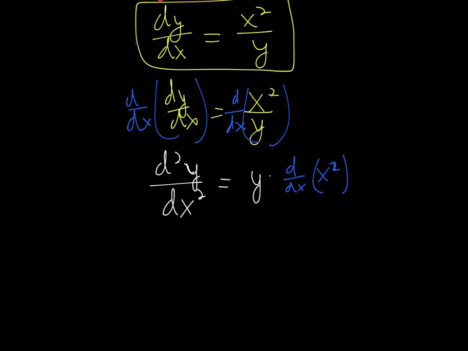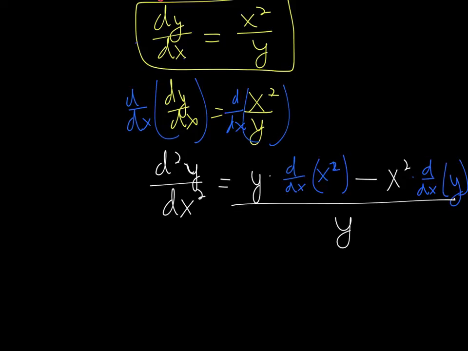So you can skip this step, but I'm going to write it out a little more carefully so that we can follow. And then minus numerator times the derivative of the denominator. Quotient rule, so all over denominator squared. Don't forget that part.